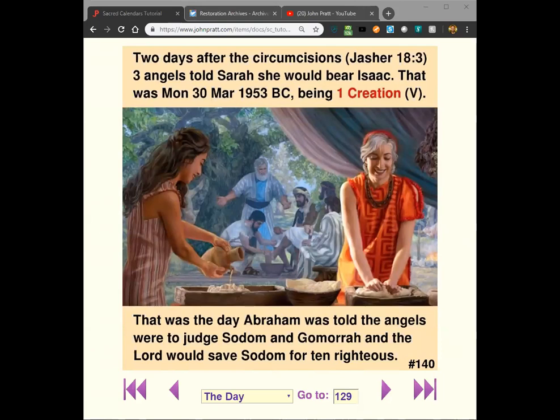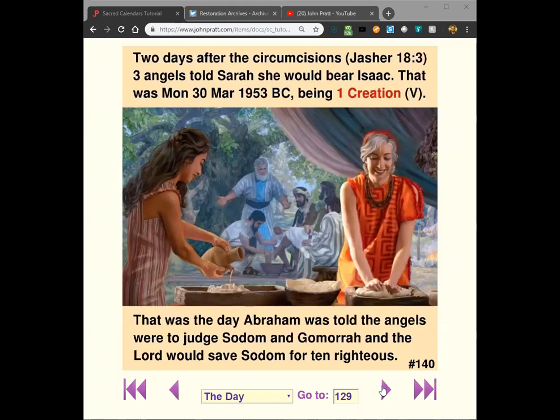And they only found, what was it, 8, less than 10. Lot and his wife and some daughters and sons got to leave. So this is all on this precise timing. And now we go to the next slide, 141.